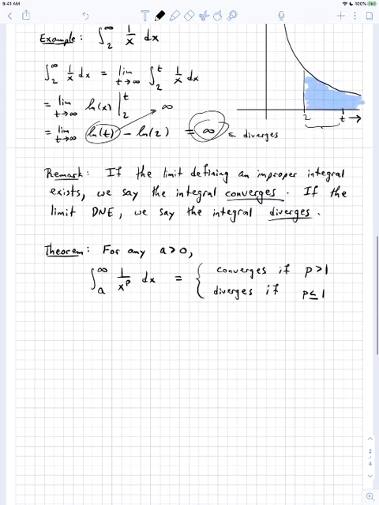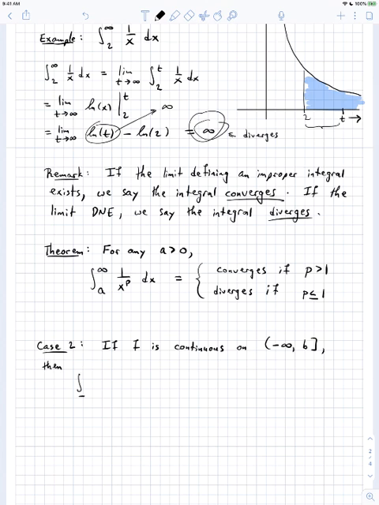Case 2 is very similar. Case 2, if f is continuous on an interval from minus infinity to b, where we're including b, it's still an infinitely long interval, but it's just going from minus infinity to b. So f is continuous, then we're going to define the integral in pretty much the same way.